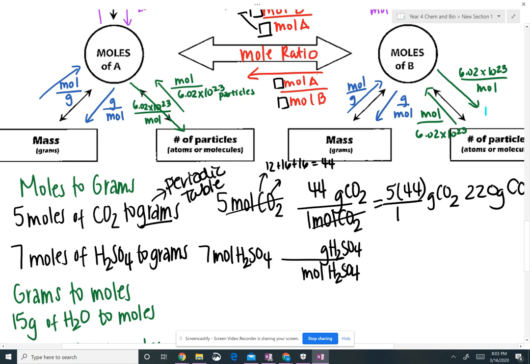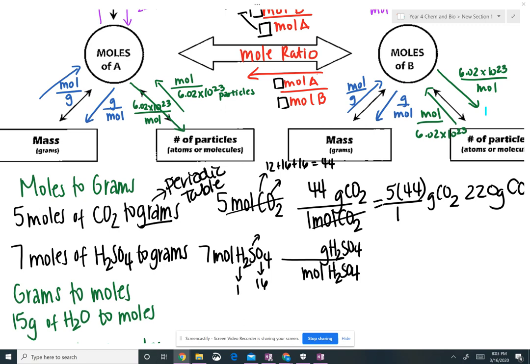So then I have to find how much each of these things weighs. I would have to reference my periodic table, right? I know that each oxygen weighs 16. Each hydrogen weighs 1, and sulfur I have to double check.